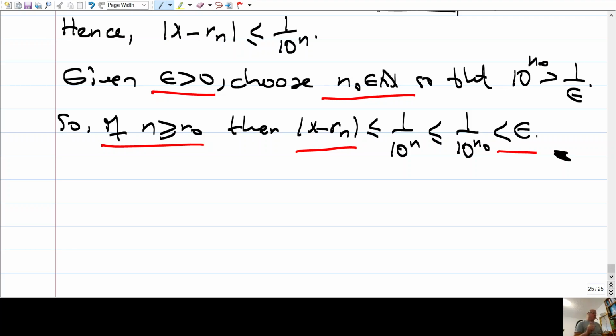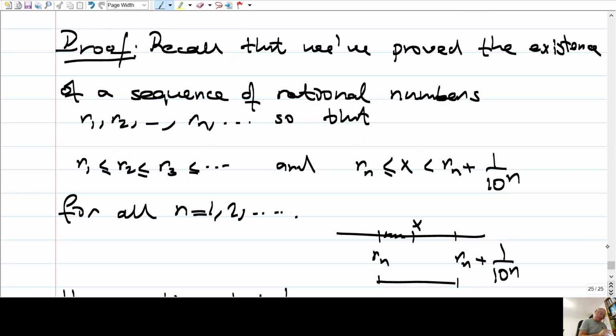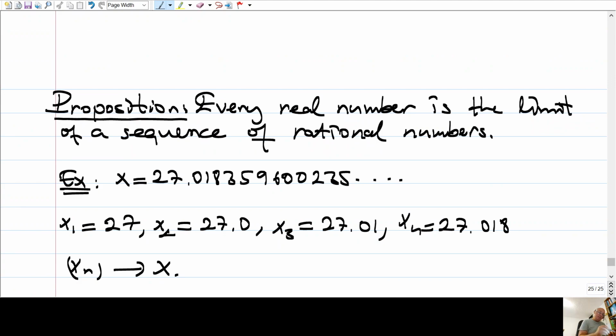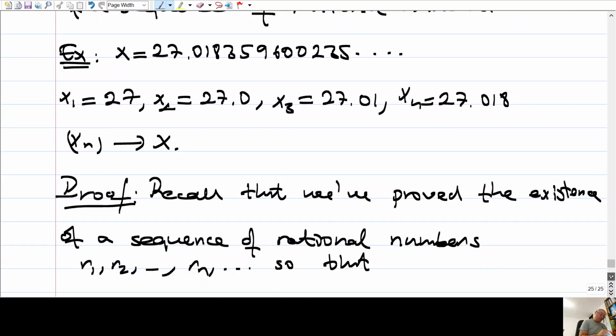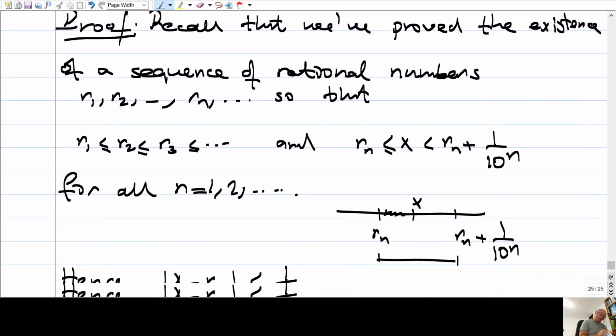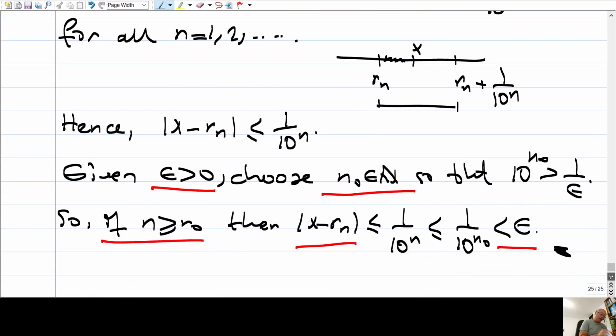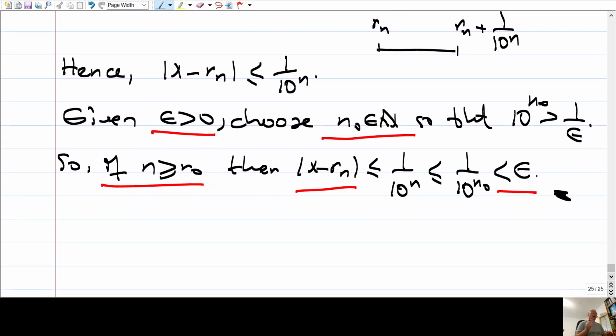So every real number is the limit of a sequence of rational numbers. This is of course obvious because rational numbers are everywhere, right? We know that in any interval you can find a rational number. Therefore, they are dense. They are close to every real number.